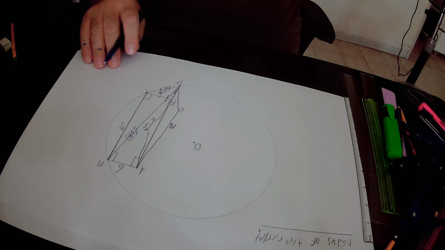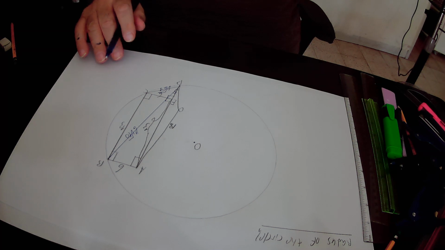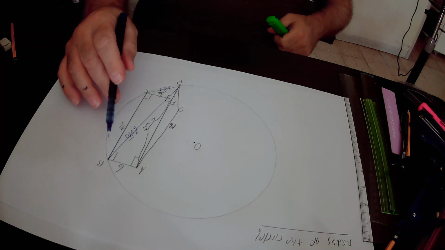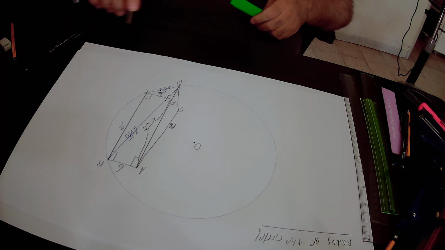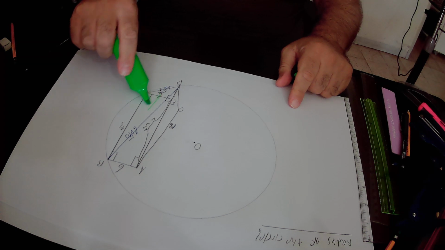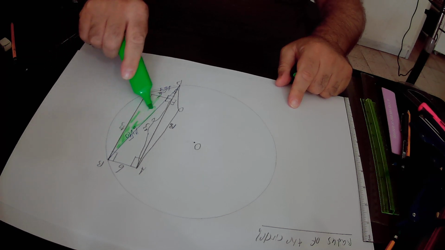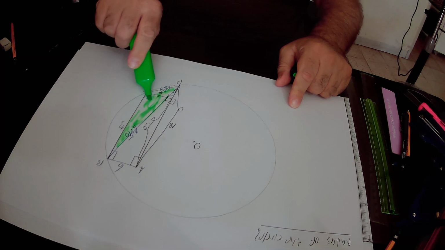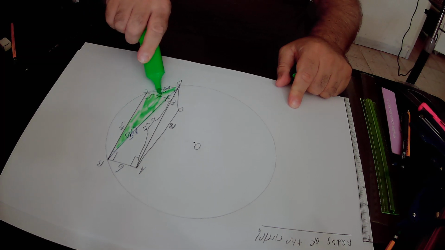In the next step, we'll calculate the area of triangle BDC. This is the green triangle, triangle BDC, and we'll calculate its area.